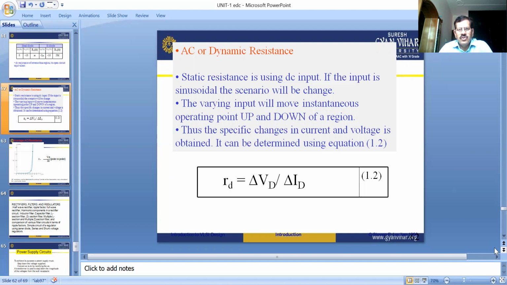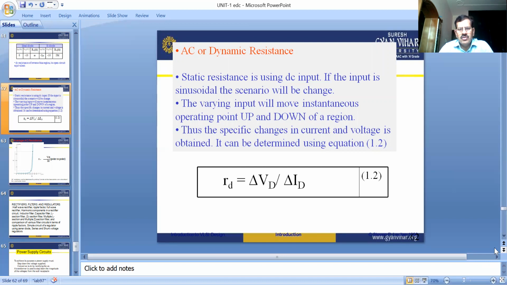We vary the input, which will move the instantaneous operating point up and down a region. Thus, the specific change in current and voltage is obtained. So it can be determined using this equation.